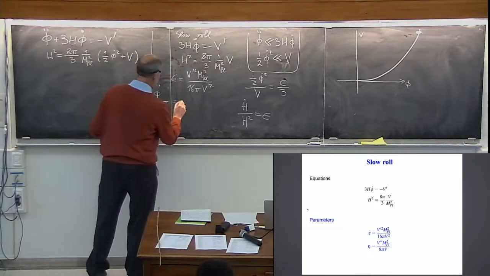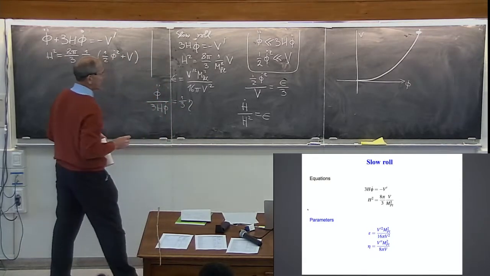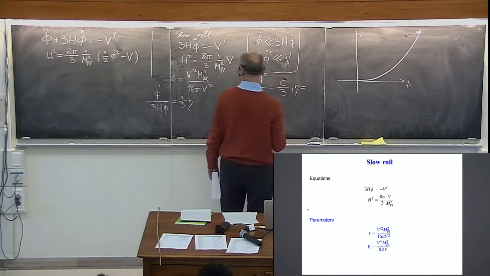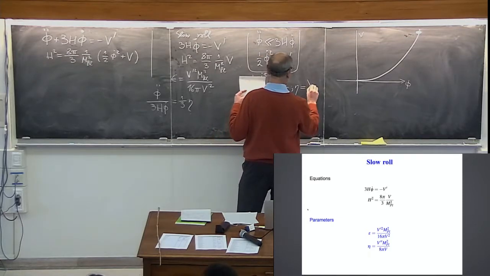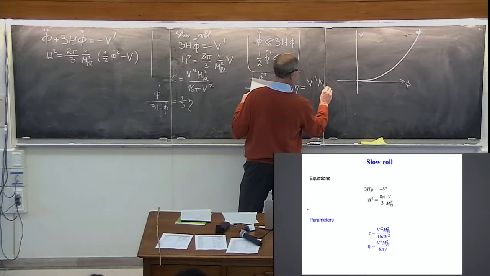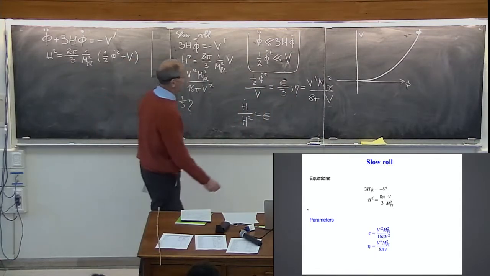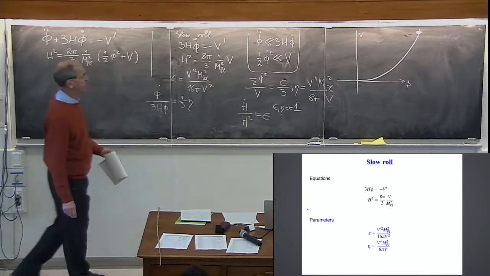So this is equal to 1/3 of eta, where eta is another slow roll parameter, which should independently be small, and this is v double prime m Planck squared over 8 pi v. So you require that both epsilon and eta are small, and then you're in the inflation regime.